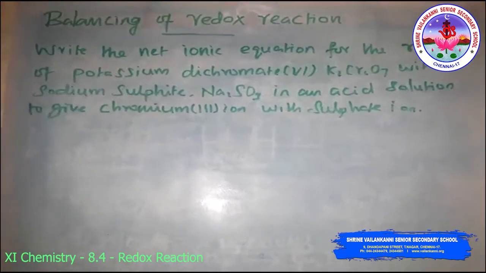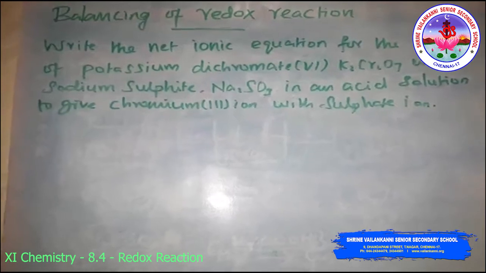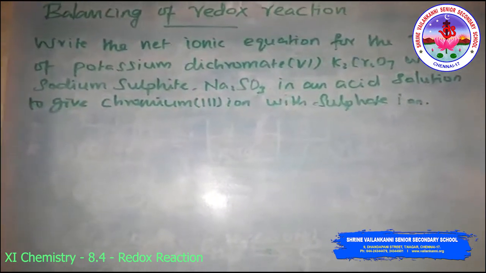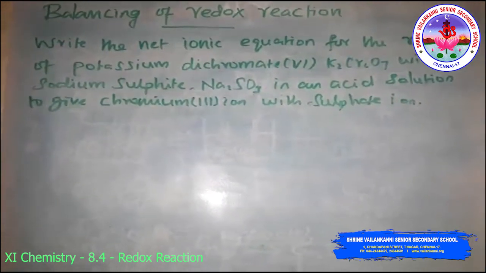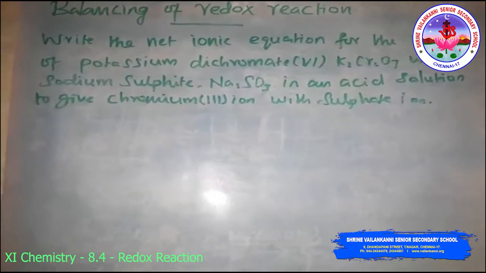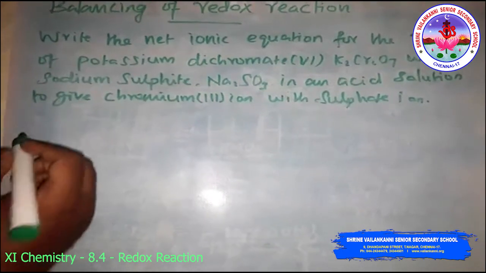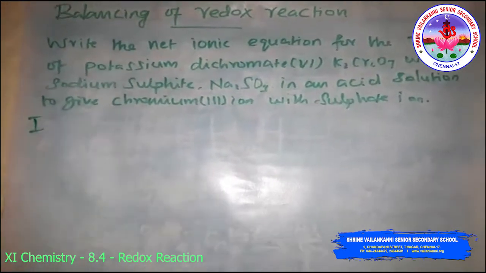Take this problem: write the net ionic equation for the reaction of potassium dichromate, K2Cr2O7, with sodium sulfide in acid solution to give chromium ion and sulfate ion. Step one is to write the skeletal form.